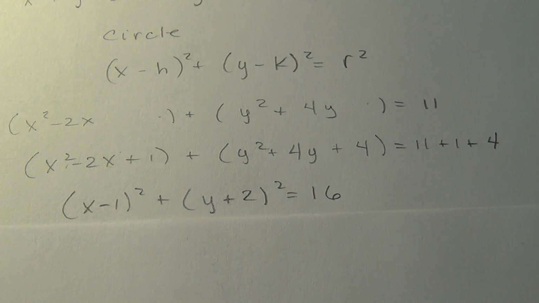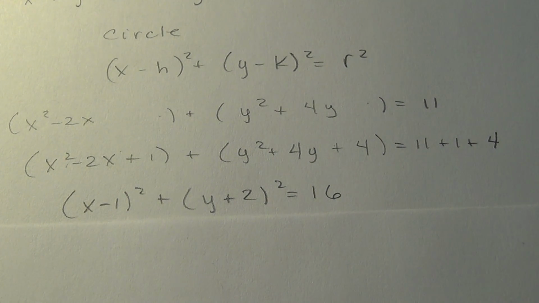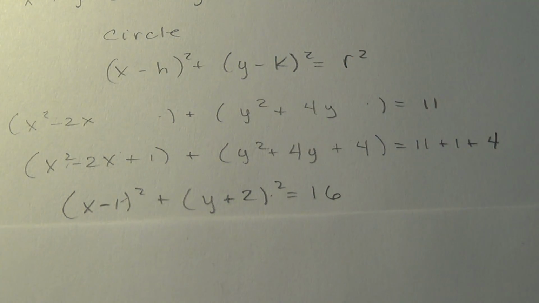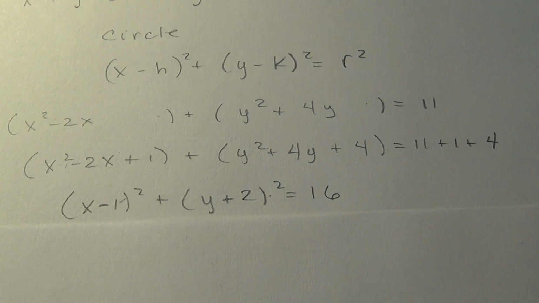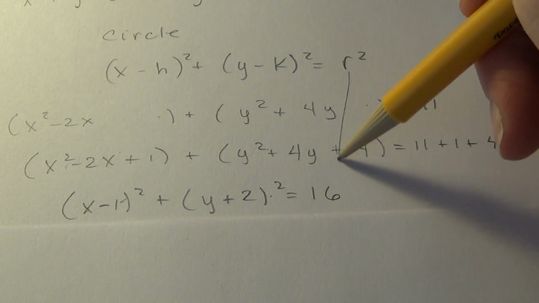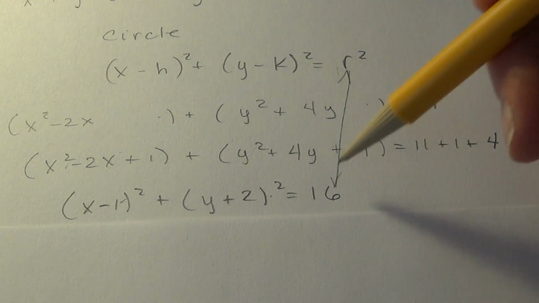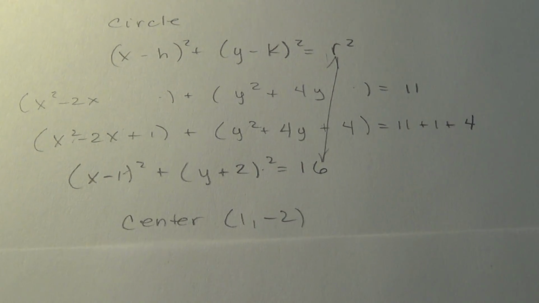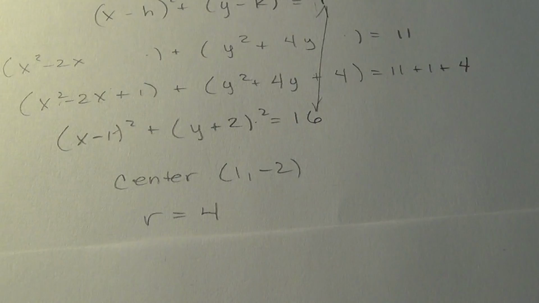We are in standard form, so the center is opposite, opposite, 1, -2, the radius, this is r squared, so the radius is the square root, which is 4. So we got 1, -2, and we have r is 4.